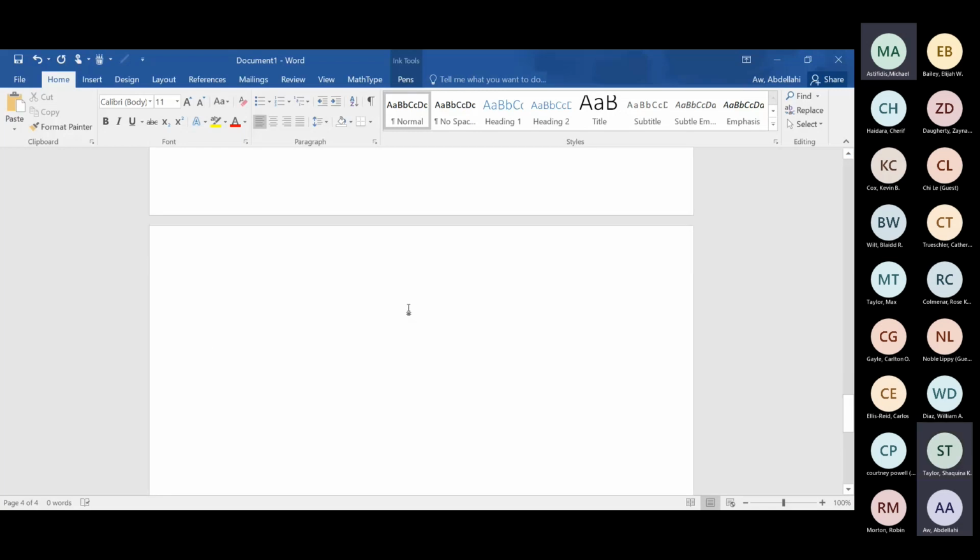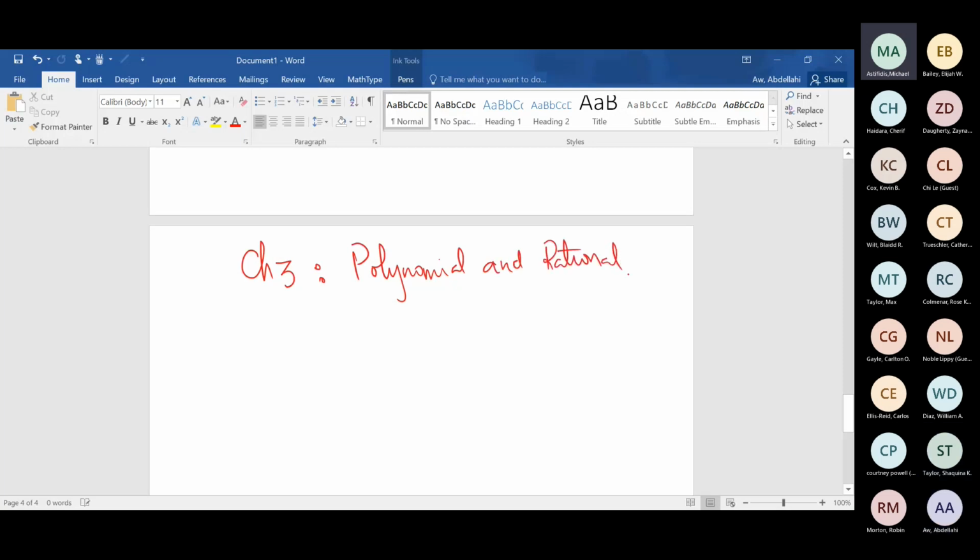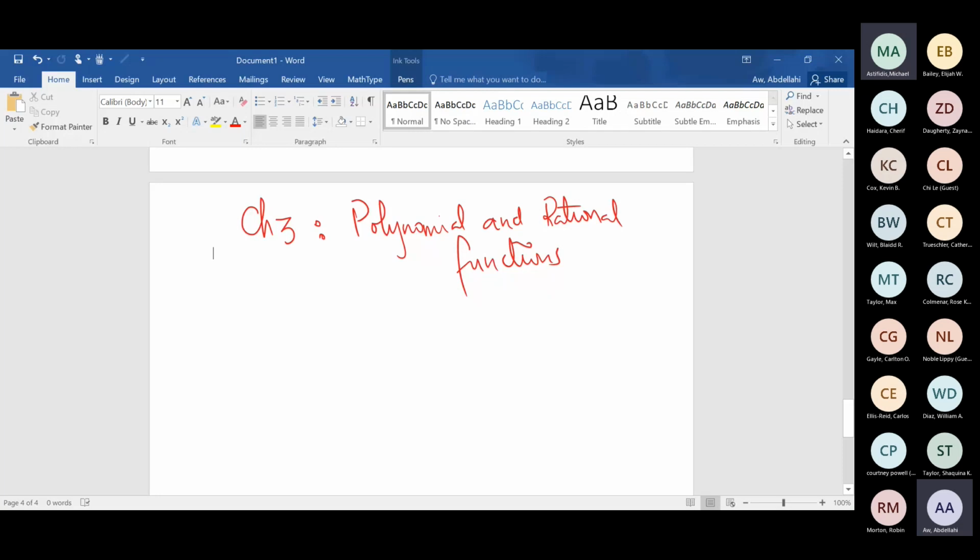Now we're going to open up chapter 3, which is about polynomial functions and rational functions. This chapter is very important, by the way. First, we're going to see a particular polynomial, quadratic functions.